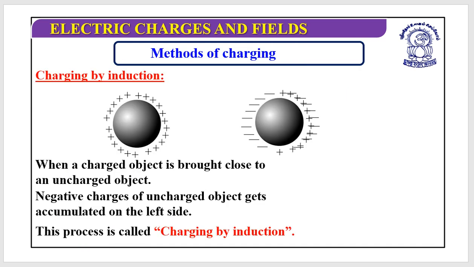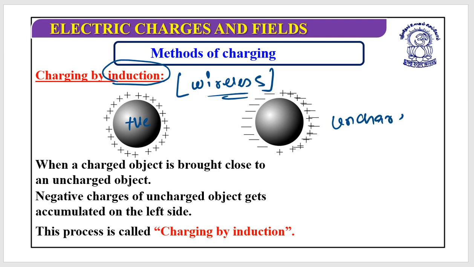Next method of charging is charging by induction. For your remembering purpose, you can understand this as wireless charging. Wireless you very well know. Yes. So what happened? Let us suppose this is positively charged body and this is uncharged body. What happens when these bodies come closer to each other?